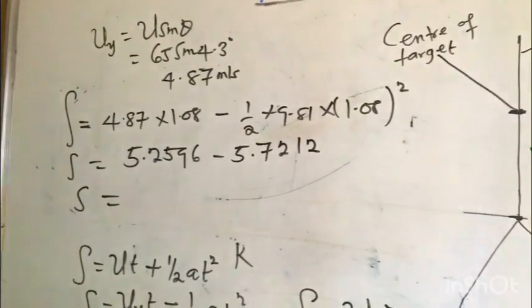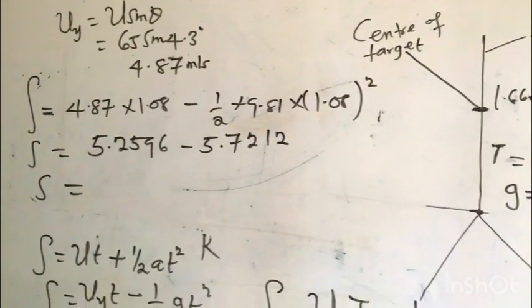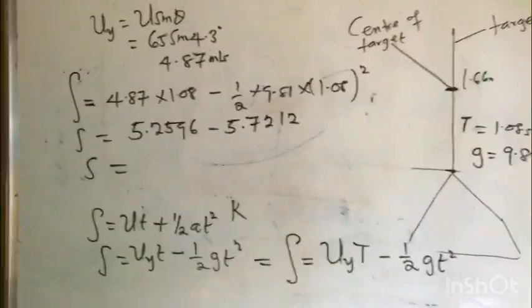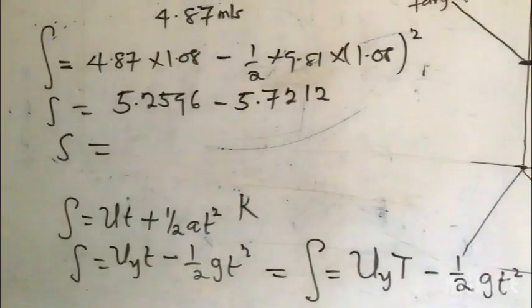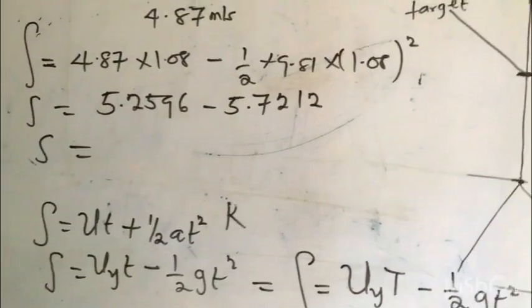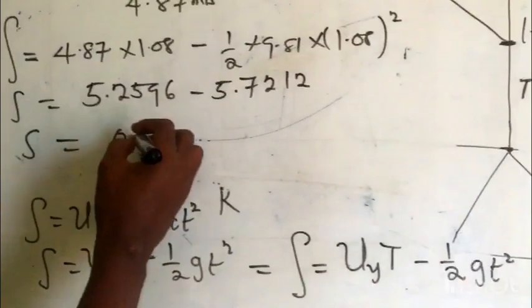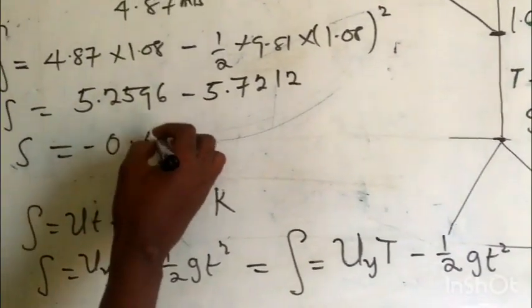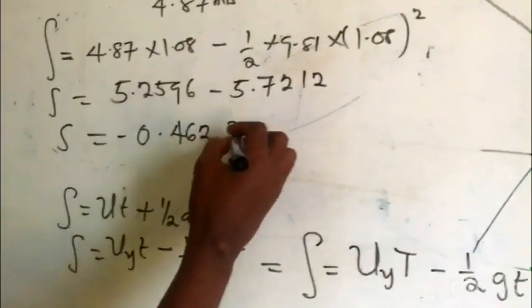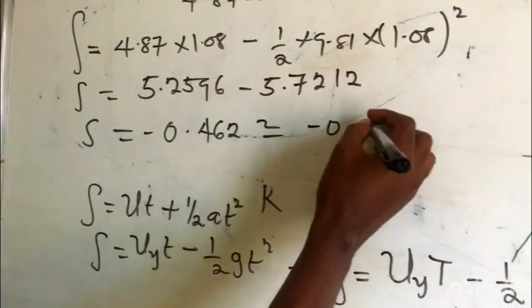If you now subtract it, you will see that this leaves us with 5.2596 minus 5.7212. So this is minus 0.462. To two decimal places, I can say it's approximately minus 0.46.